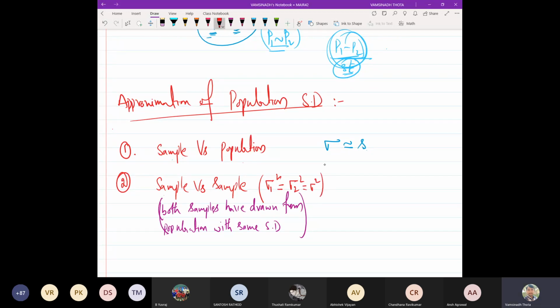In this case, what approximation should we consider? We should consider sigma square as approximately equal to n1 times s1 square plus n2 times s2 square upon n1 plus n2.